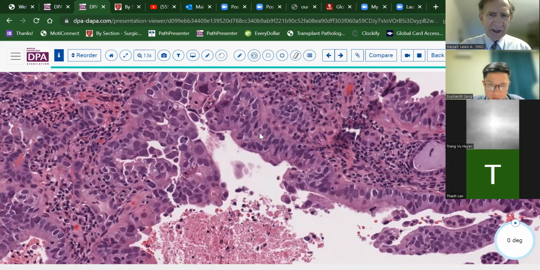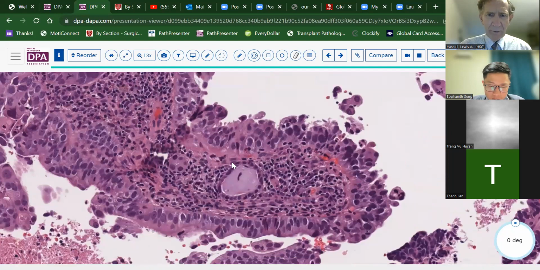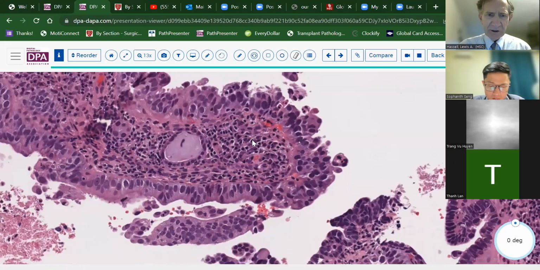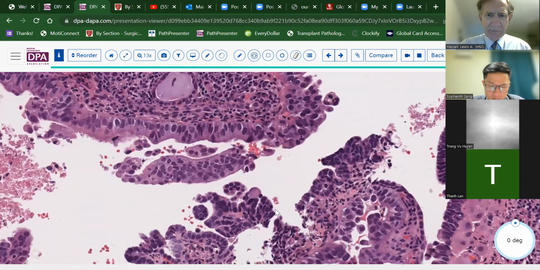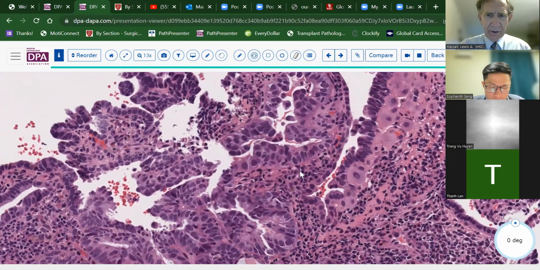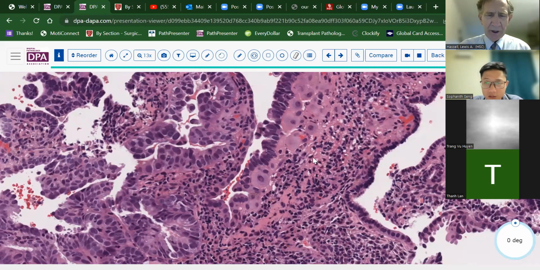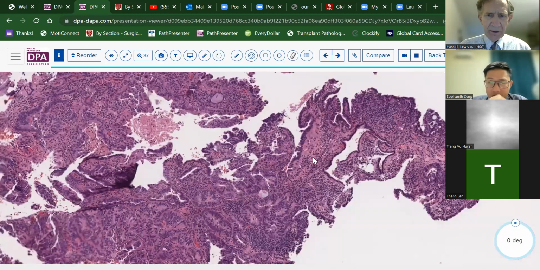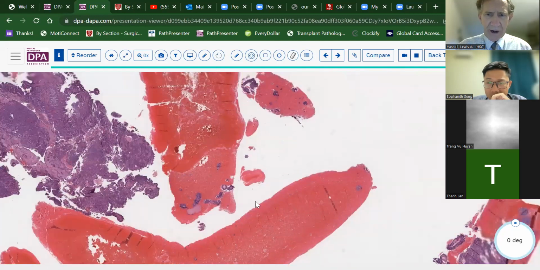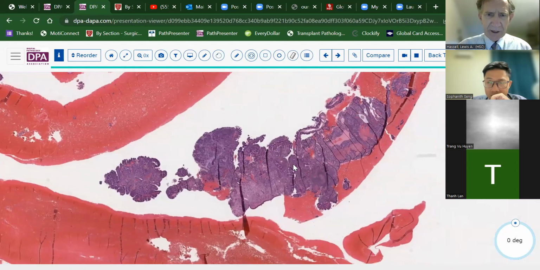They're not quite as tall and columnar as in that other area. Here you see a lot of micropapillary changes off the surface. And again, a little bit of that decidual reaction in the stroma. I'll look at the other fragment here and see how this helps us.